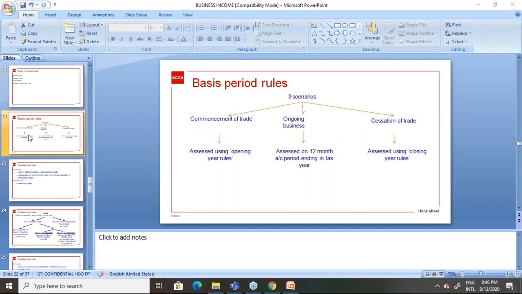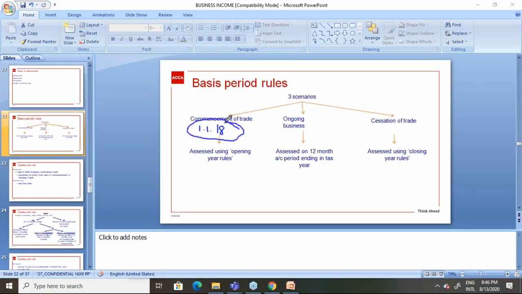So if you have started the business, say on the 1st of January 2018, that is the date of commencement.